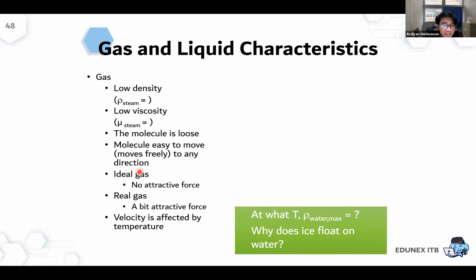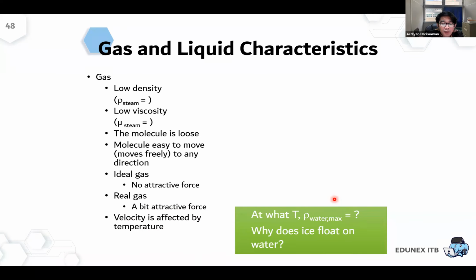We call it ideal gas if there is no attractive force between the molecules. Real gas means there is some attractive force between the molecules. And later, the viscosity is significantly changed with temperature. So the viscosity will also change, affected by temperature as well.